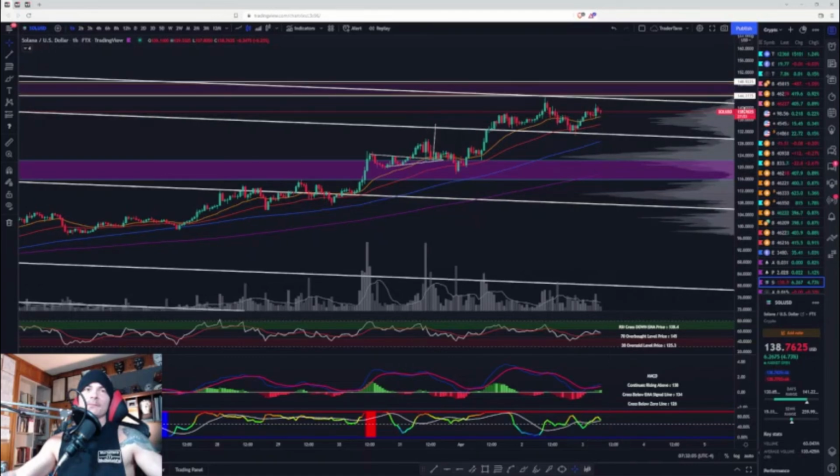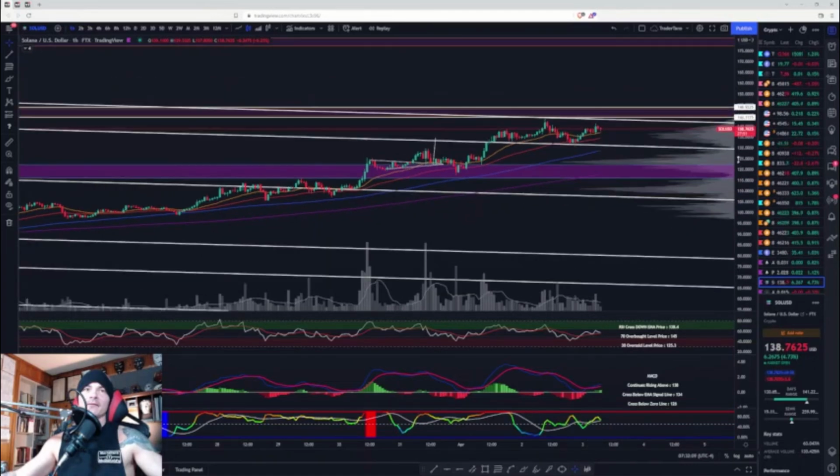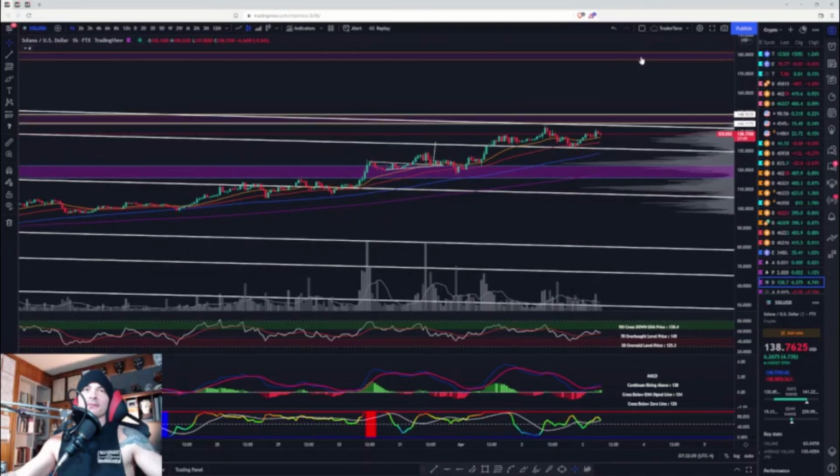If we can get above 145, there's a lot of hot air. That's when we start coming up to 177 like we were talking about. We need to get above 148 to continue this crazy rally. So yeah, those are my thoughts.